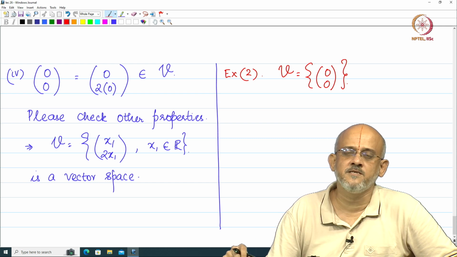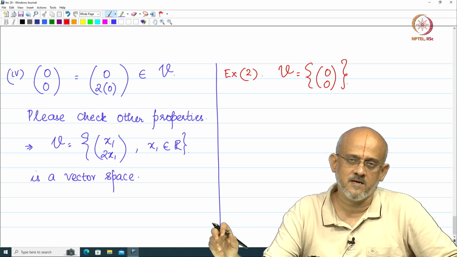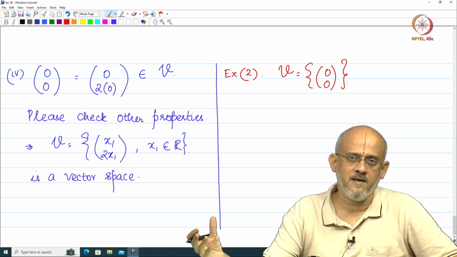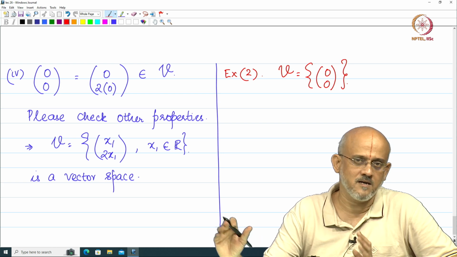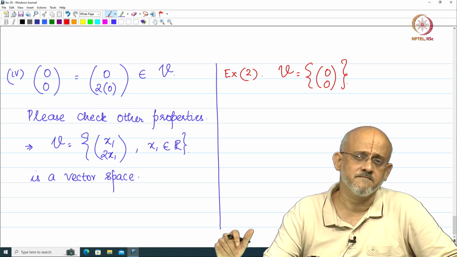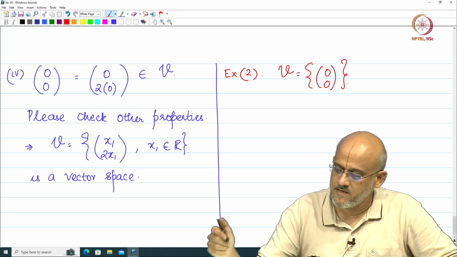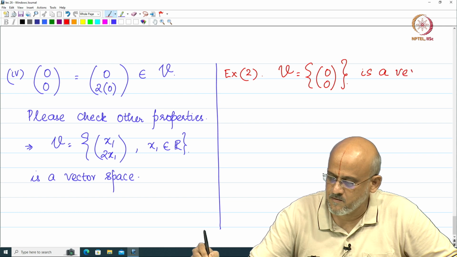So, the resultant is going to be the 0 vector. You take any scalar alpha and multiply with the 0 vector, you are going to get alpha into 0, that is going to be the 0 vector again. The set contains nothing other than the 0 vector, therefore the additive identity is also guaranteed. You can list out all the other properties and check that this V is also a vector space.